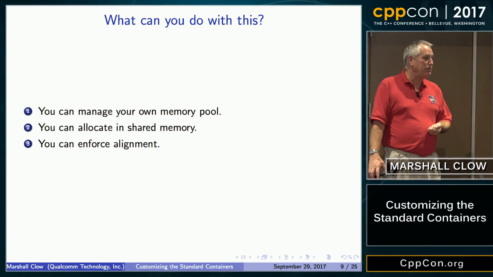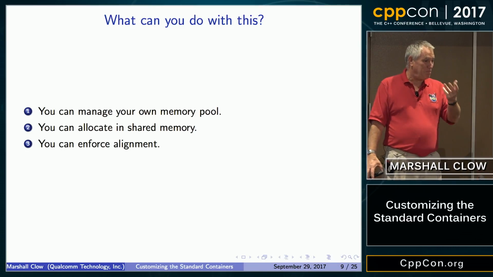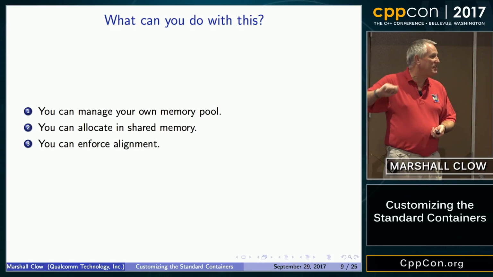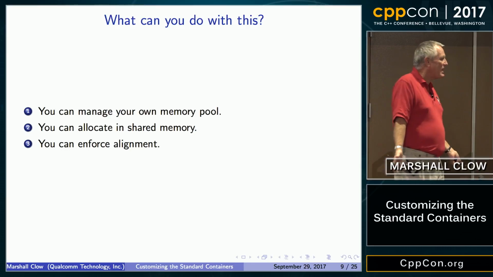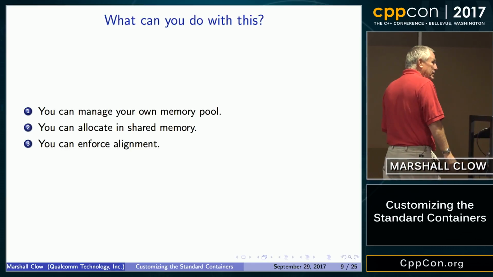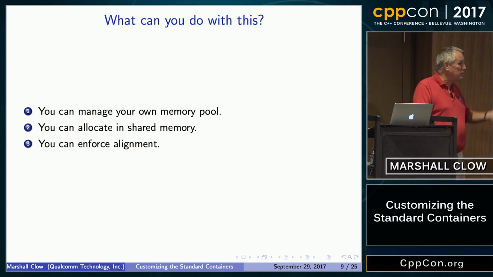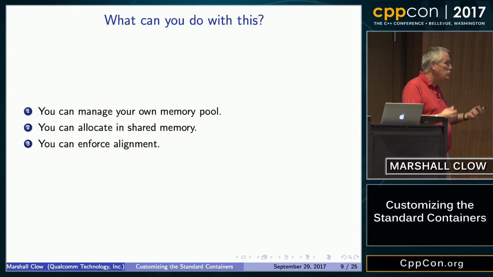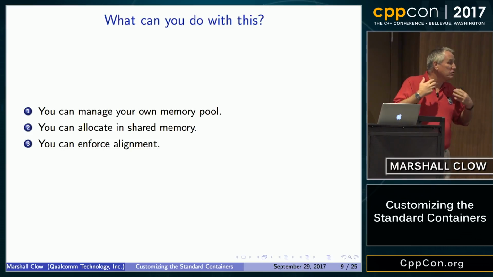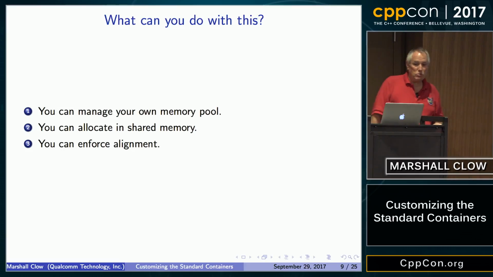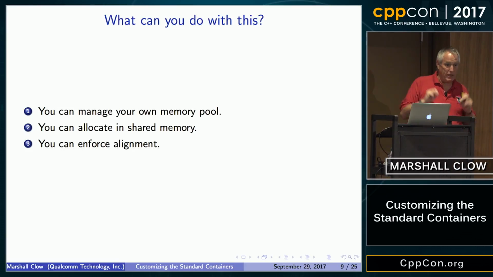And they say, oh, I allocate a block of memory at system startup time, and then as needed, I hand out pieces of that. And I say, that's dynamic allocation. You're just not doing it in the global heap. You can make an allocator that runs out of a little memory pool, and then you can use vector or map or set or deque or whatever, and it will stay in that little memory pool, which satisfies the people: no dynamic allocation.